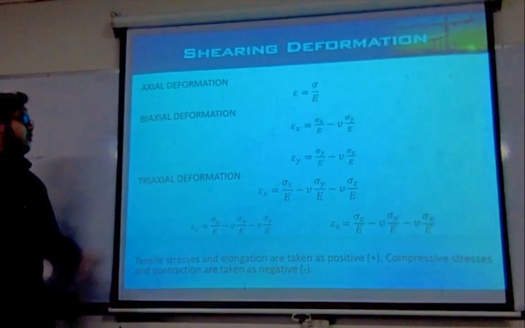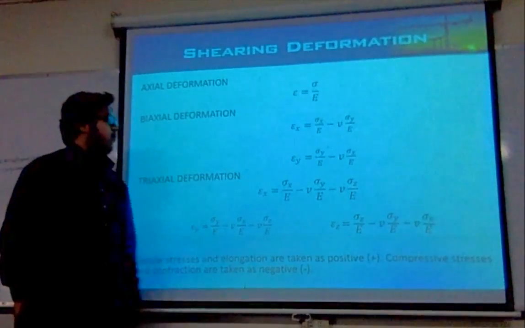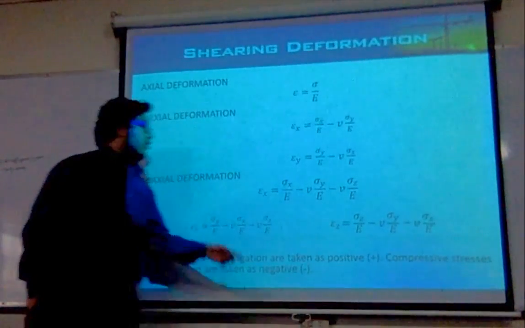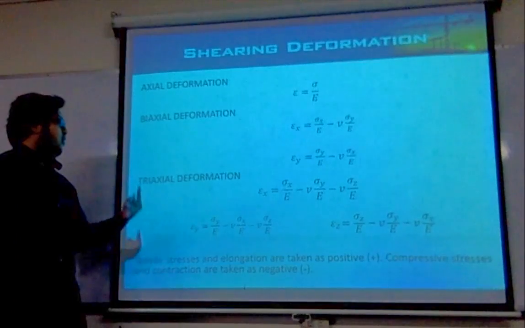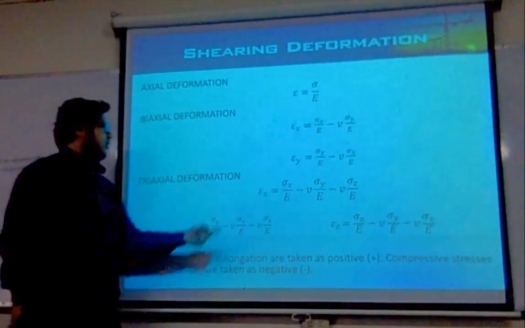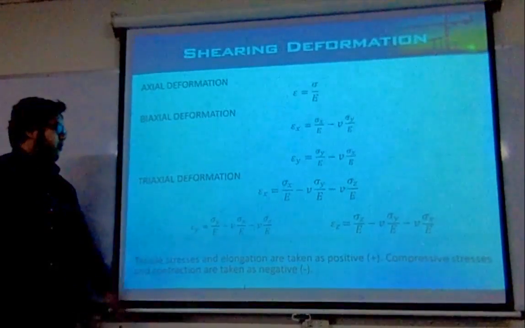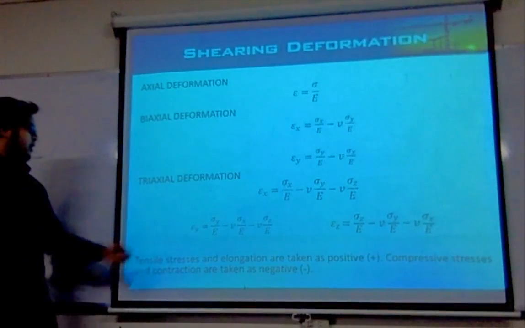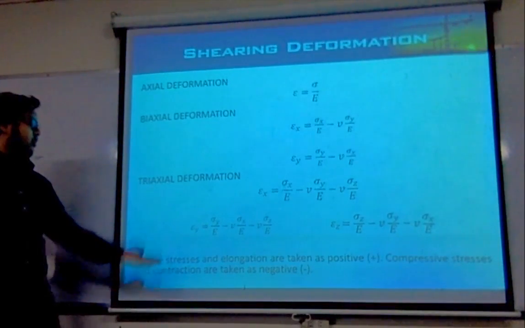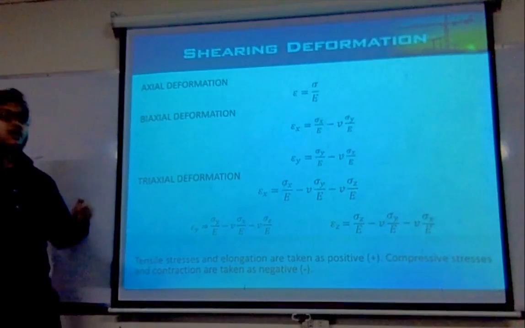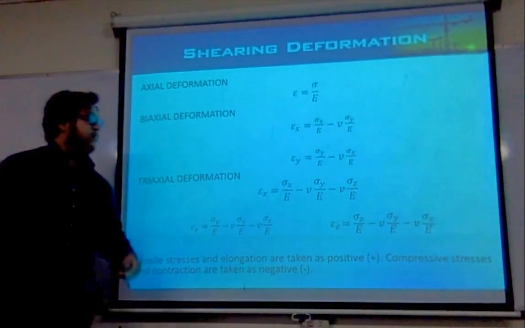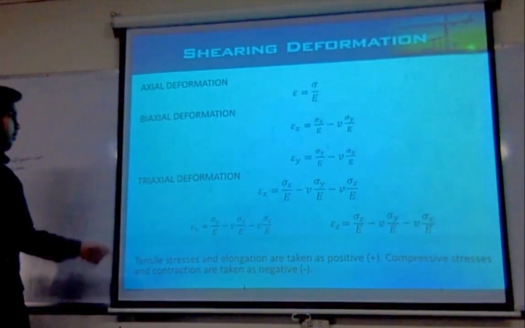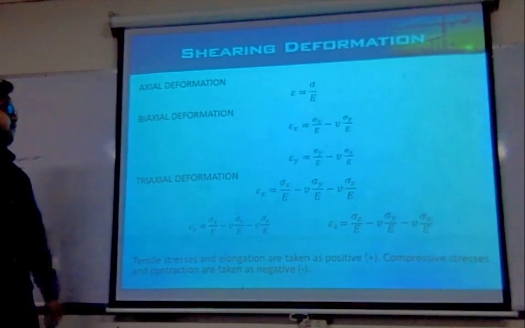Triaxial deformation now also involves z. That's why it's triaxial. Tensile stresses and elongation are taken as positive, that is our sign convention. Compressive stresses and contraction are taken as negative.